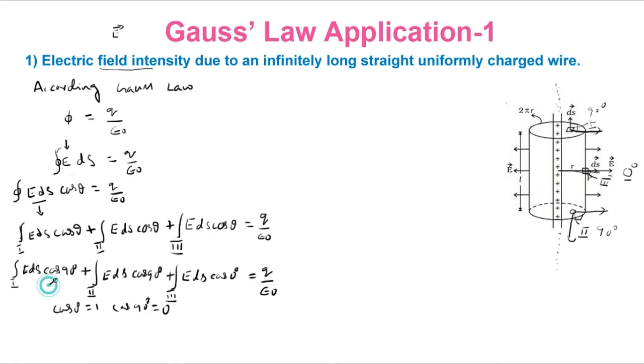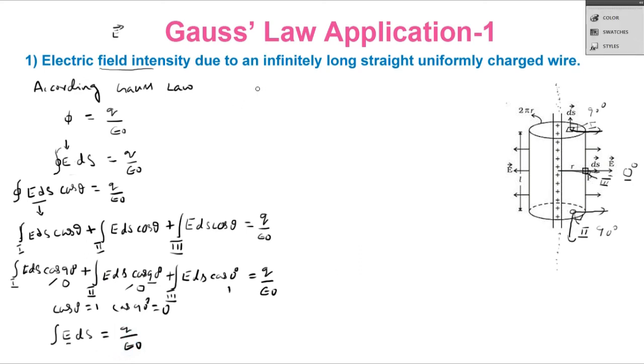In this case cos 90 means it will become 0, and 0 multiplied by the whole thing gives 0. Here also cos 90, this also will become 0. Here cos 0 degree will become 1. So 1 into ds. Finally, the integration of E into ds is equal to Q by epsilon naught.